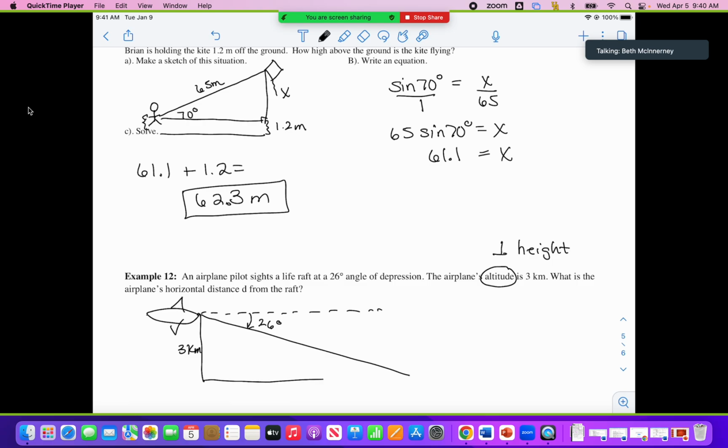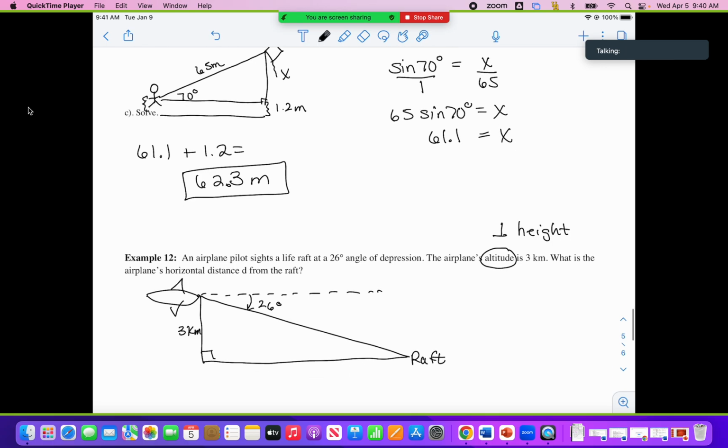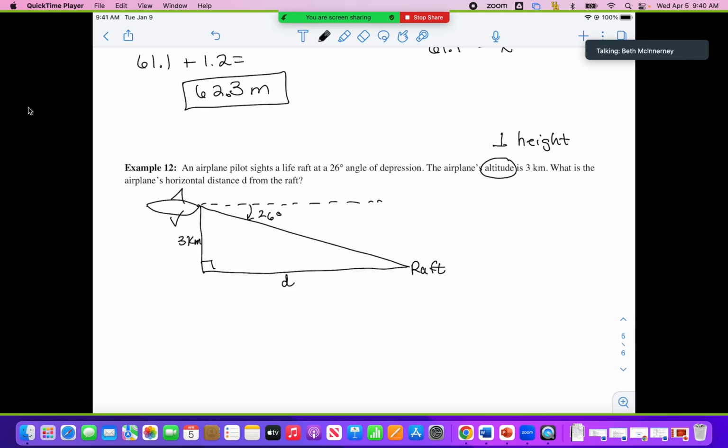What is the airplane's horizontal, and so here's my raft. The horizontal, so you need to understand what horizontal and vertical mean. So then I'm looking for this. All right, well, do you see that I have, and I'm going to use some geometry here, 2 parallel lines cut by a transversal.